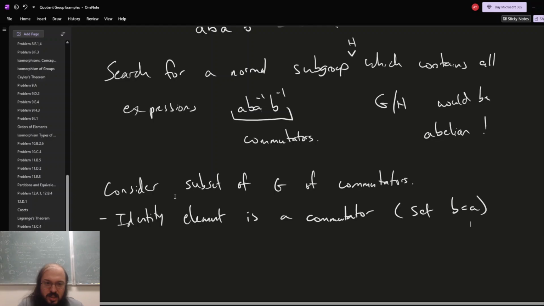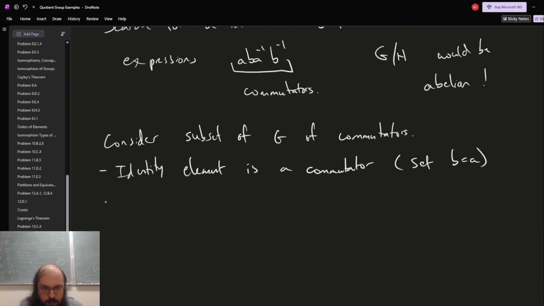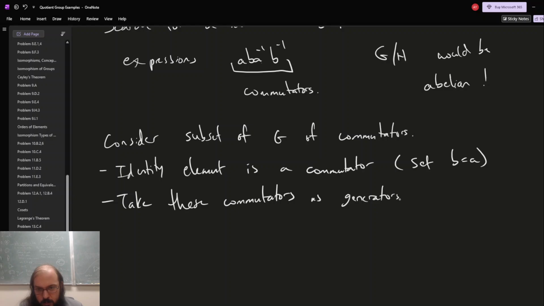But we can just take these commutators as generators for the group we want. Maybe I should say for the subgroup that we want. And this is a nice little trick, because what I'm saying is, well, the thing that I wanted isn't closed. Oh, well, too bad. Make it closed.